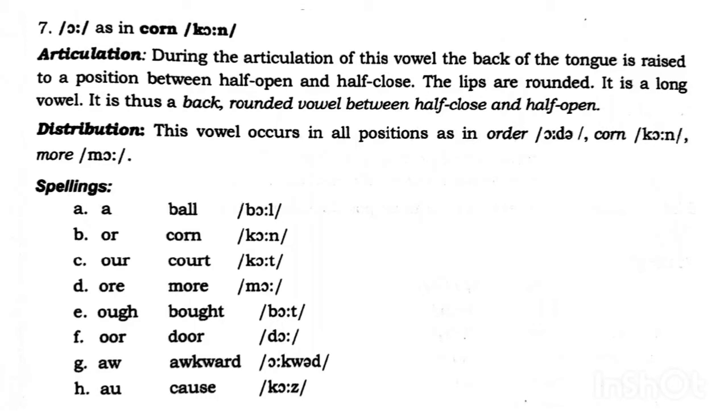Next word, awkward. A and W represent the vowel sound O. The last one in the section, cause. Here A and U stand for the vowel sound O.